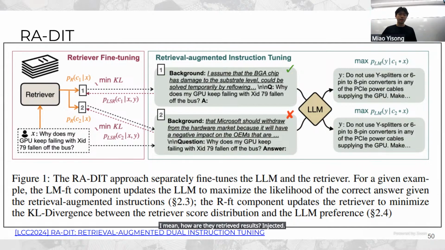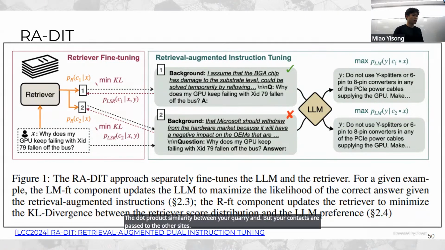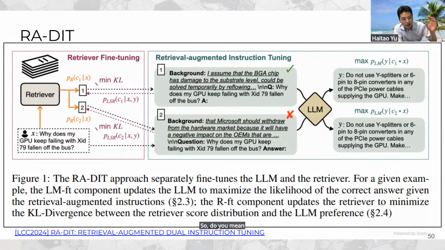Oh, it's just as text. Yeah. You compare the dot product similarity between your query and your context chunks, but your context chunks are passed to the LM as text. Do you mean the raw text is used or embedding vectors, as in being passed to the LM? Yes, it's text. Raw text, right? Just text. Yes. Okay, thank you.